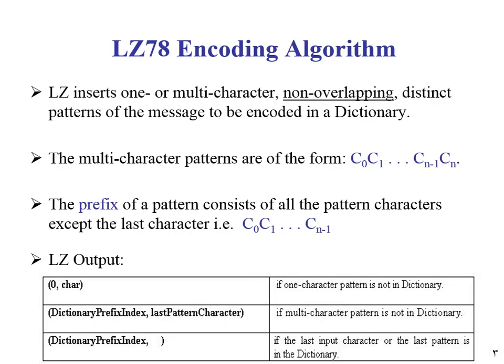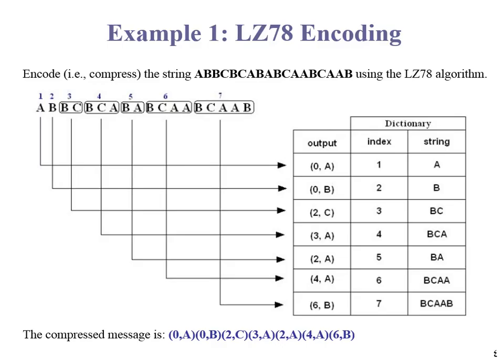Let's see an example for Lempel-Ziv 78 encoding. We have this stream of characters: A, B, B, C, B, C, A, B, A, B, C, A, B, C, A, B. We have to encode this stream using LZ78.